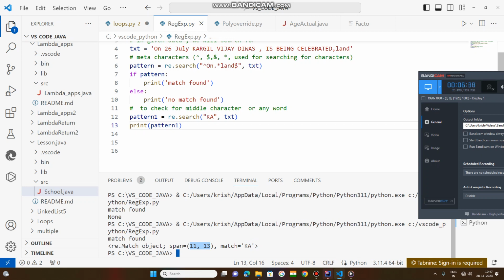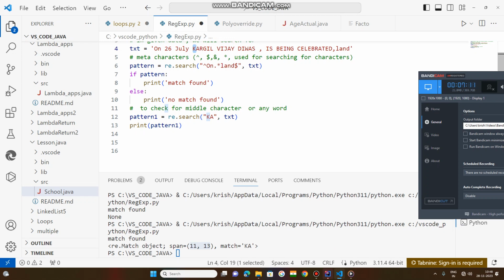11 to 13 indicates the span. Span is what? The index. From the starting, it will count the index as 0, 1, and white spaces will also be counted. How many white spaces? This white space will be counted as one white space. So 0, 1, 2, 3, 4, 5, 6, 7, 8, 9, 10, 11. K position is 11.